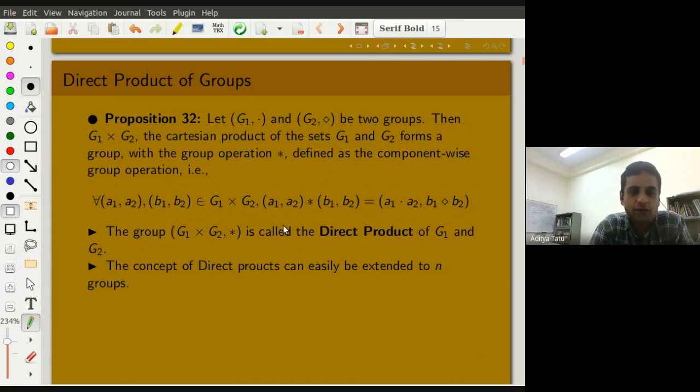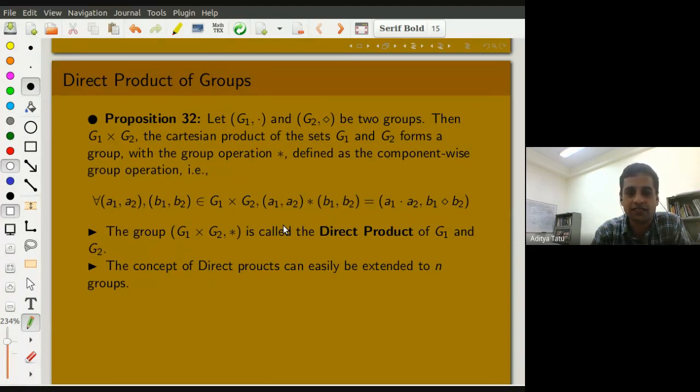We described what a direct product of groups is. So G1 and G2 are two groups. You can form the Cartesian product of the sets, and on this Cartesian product, you can define a group operation using the component-wise group operations defined by the two groups.